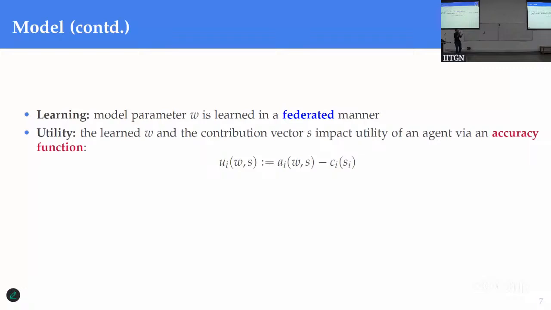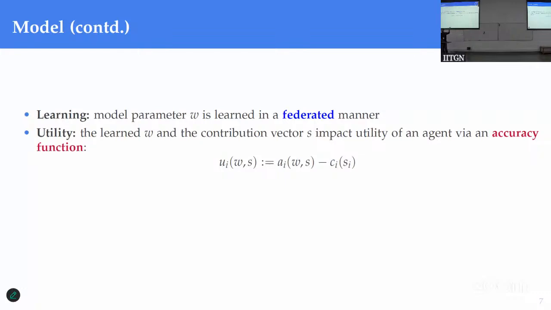So the utility is a quasi-linear model which has two aspects. The first aspect is the benefit that you get, which is denoted by this function A_i, which is a function of what model parameter you have learned and how much people have contributed. A stands for the entire S vector. Not only your contribution, everyone else's contribution.